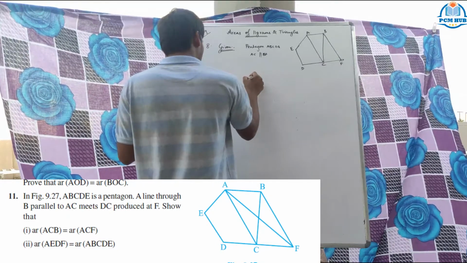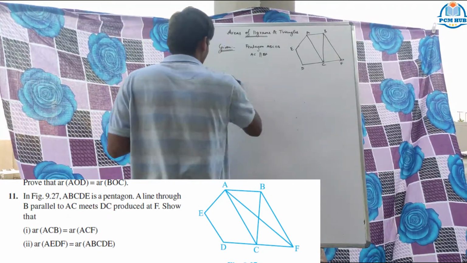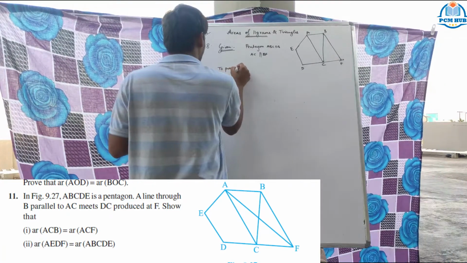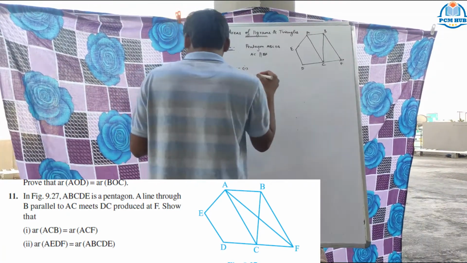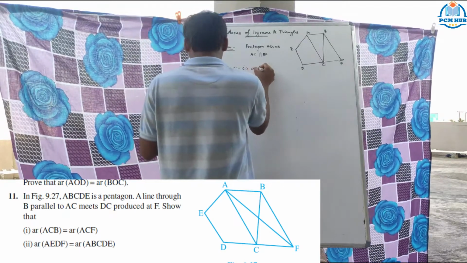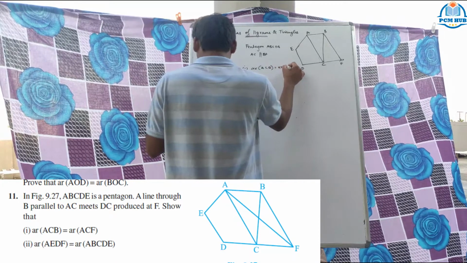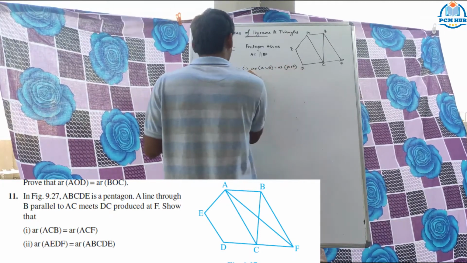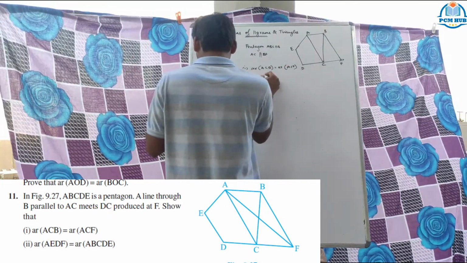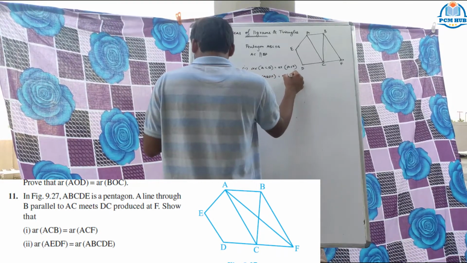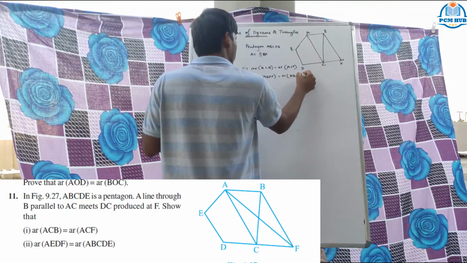There are two things to prove. The first thing you need to prove is area of ACB equals area of ACF. Same type as earlier. Then area of AEDF equals area of ABCD.